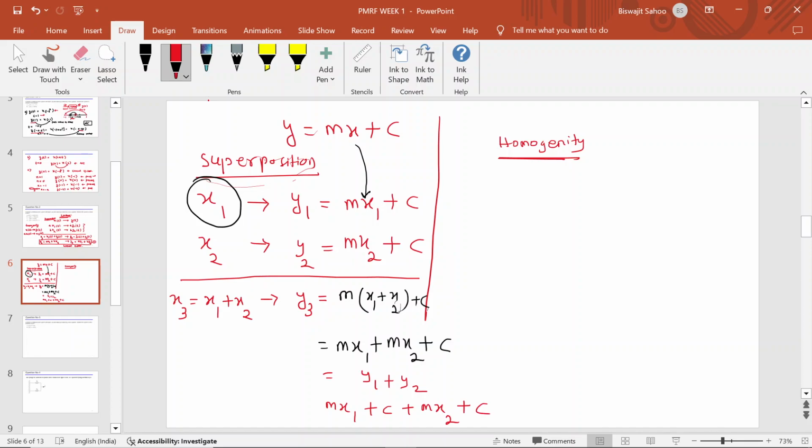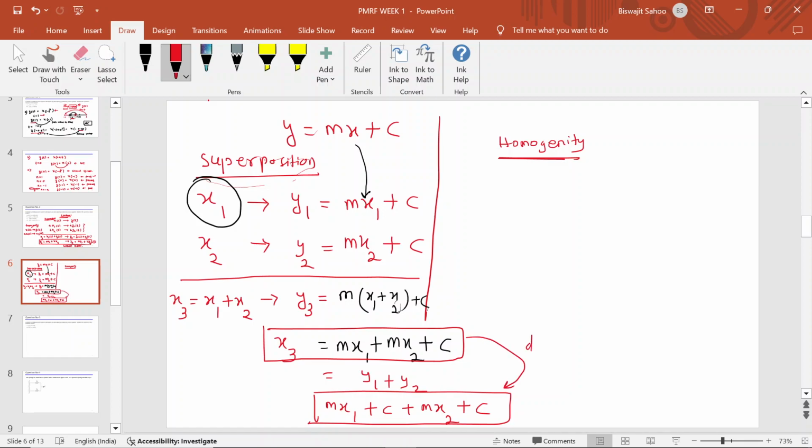But whenever you apply x3, this is your output, and this output is not equal to y1 plus y2. These two values are different. So the superposition principle is not applicable. It violates the superposition principle.